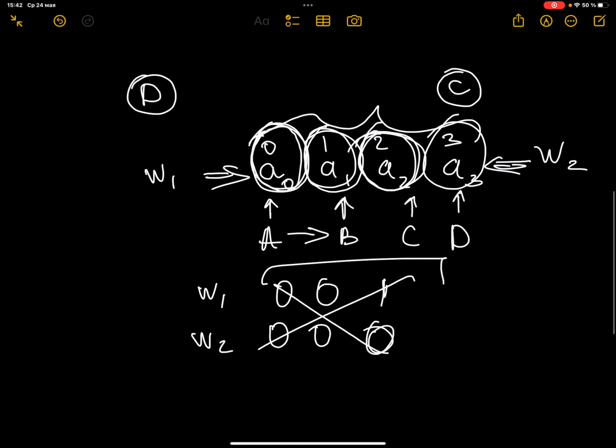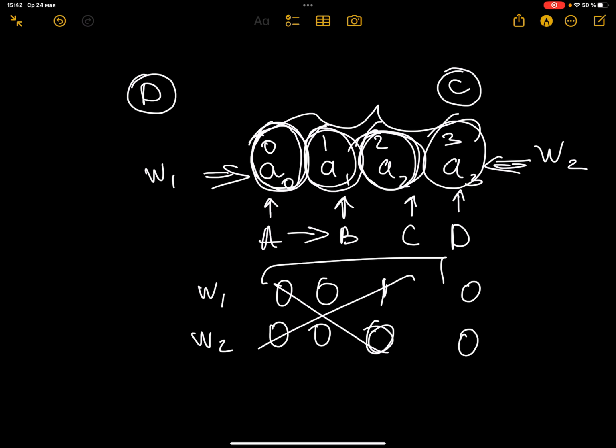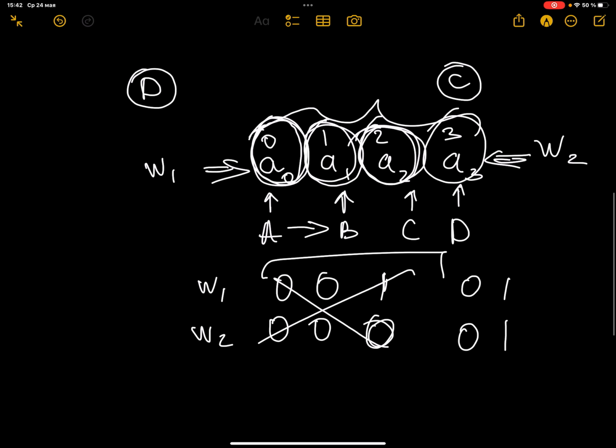So we again start from the beginning. Count 0, 0, or 1, 1, or 2 consecutive bits. Again, 1, 1, or 3 consecutive bits. But if we have 0, 1, again it crashes because no 4 consecutive bits are seen.